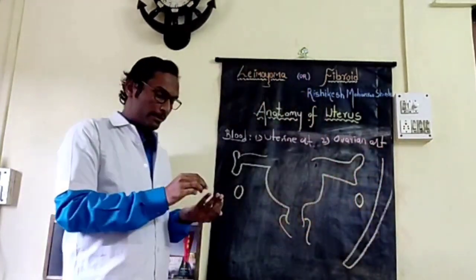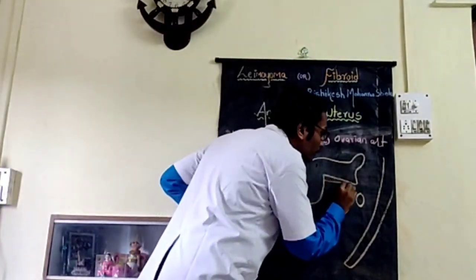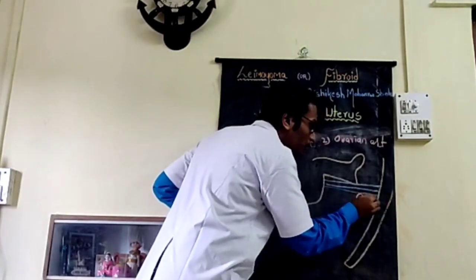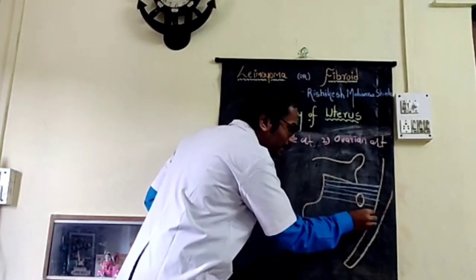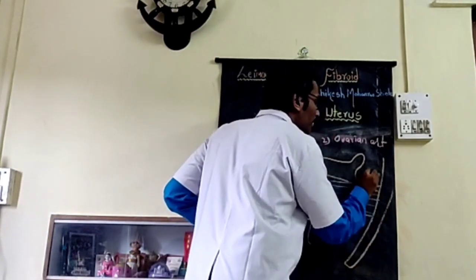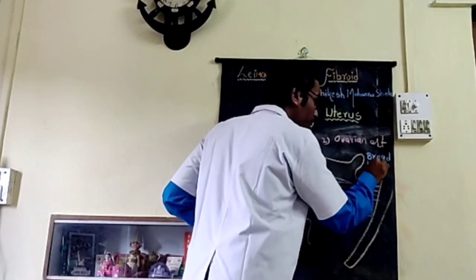One ligament extends from the body of the uterus, including the fallopian tube and the ovary, to the lateral pelvic wall. This ligament is called the broad ligament.